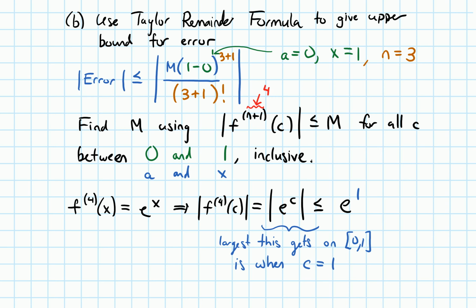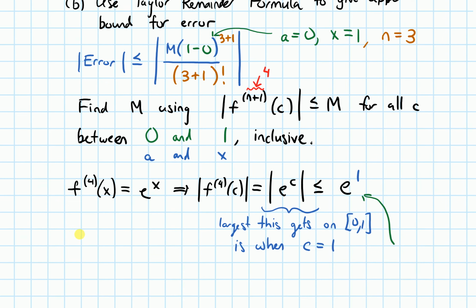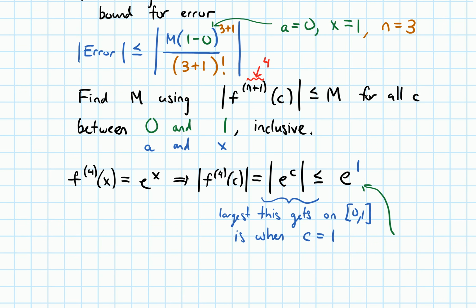But the whole point of this problem was to approximate e. So I don't want to use e for M, because we're assuming that we don't know what e is exactly. The point is to approximate e, so we can't use e for M.